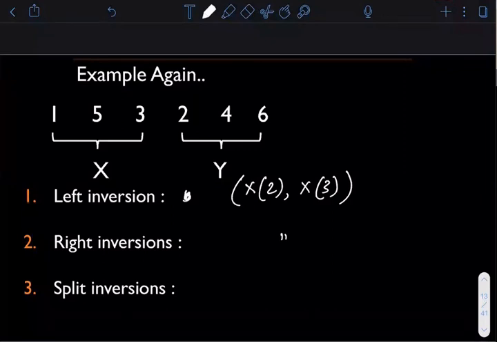For example, x2 and y2 is an example of a split inversion. And there are others. So I think we all understand now what these inversions are, and I'm sure you'll be able to figure out the rest. There are not many more; I guess there are only 3 inversions in all.